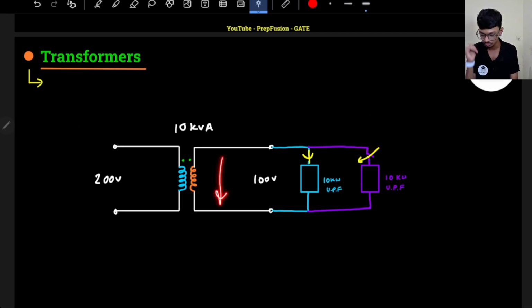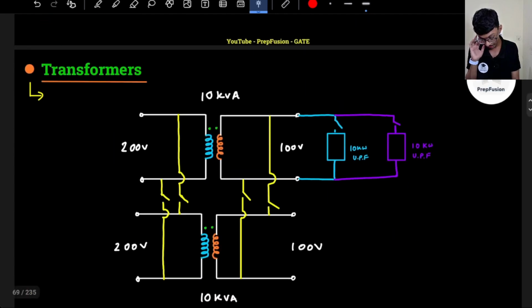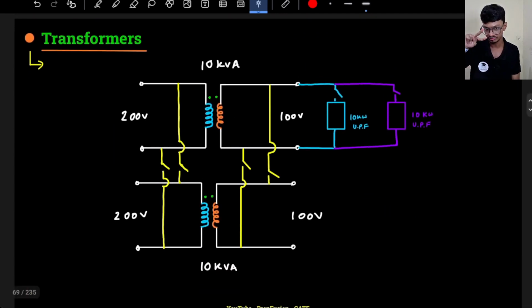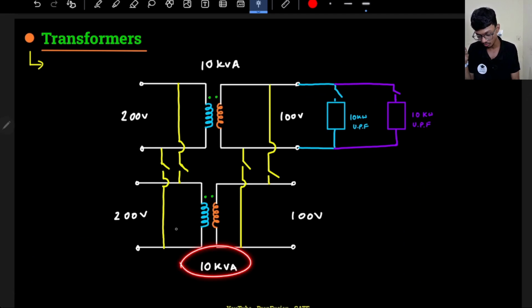So ultimately voltage will drop, and if voltage drops, the light will not light up properly. Understood. So here I have two transformers in parallel, so the overall kVA of the system will be 20 kVA. So I will be able to service 20 kVA of power. Got it?